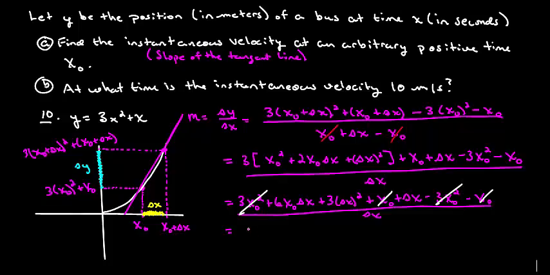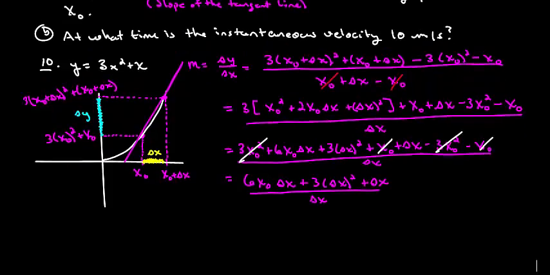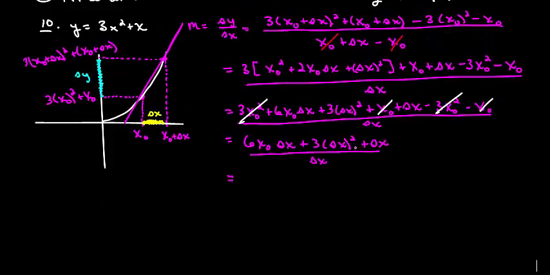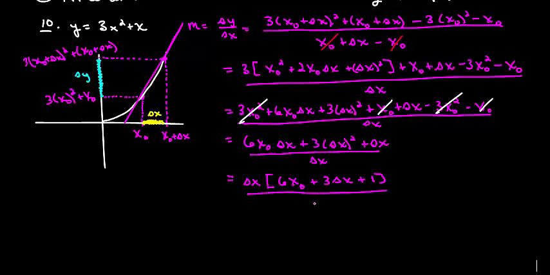So this is going to be equal to 6x0 delta x plus 3 delta x squared plus delta x all over delta x. And now we'll factor out a delta x. Okay, and so that gives us delta x.